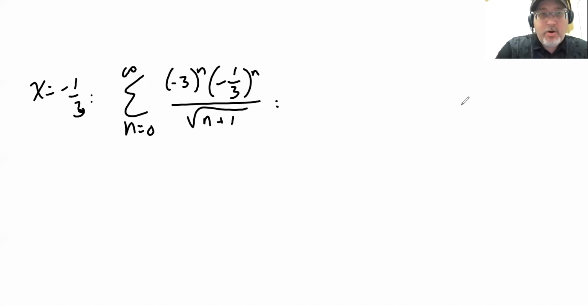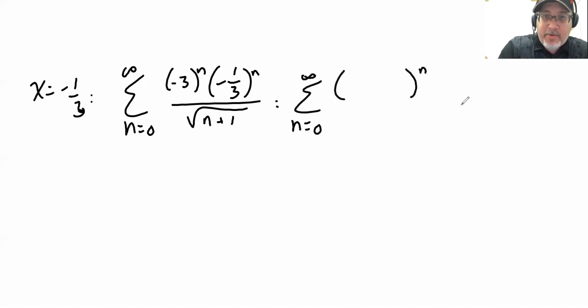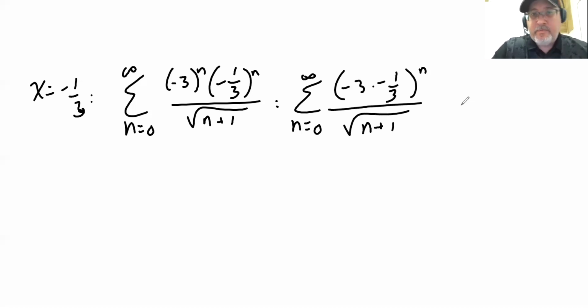Just like before, we have a product of 2 things with the same exponent. So we can rewrite it as a single exponent by multiplying the bases inside the parentheses. But negative 3 times negative 1/3 is 1. And 1 to any power is 1, and so the numerator just becomes, well, 1.